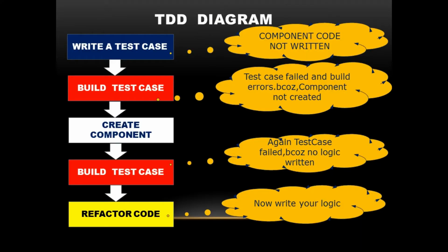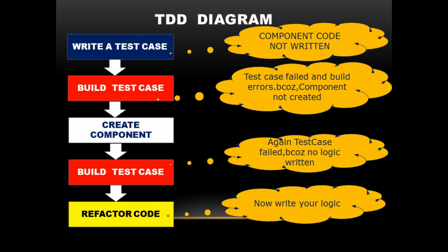So this is a TDD diagram. First, the developer writes a test case. When he writes the test case, he will not write any component code. He simply writes the test case directly without creating a component.